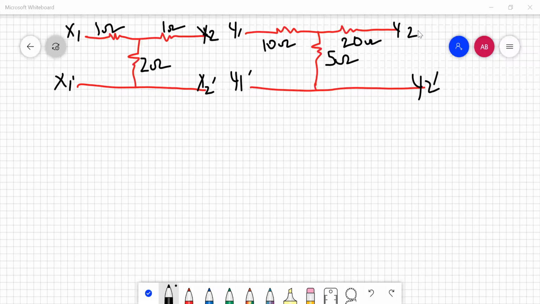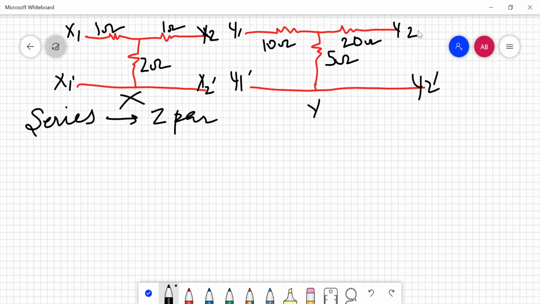So now the numericals can come like that. You have got these two. This is your X network and this is your Y network, and you have to join them in series, and then you need to calculate the Z parameters of the combination. So what you need to do is, as you can watch the previous lecture for calculating the Z parameters. So firstly, you need to calculate the Z parameters of X network.